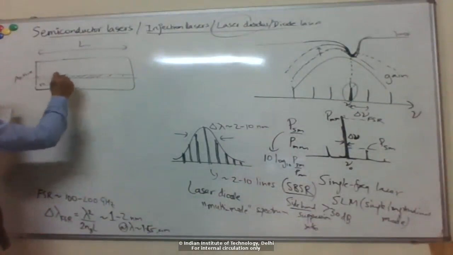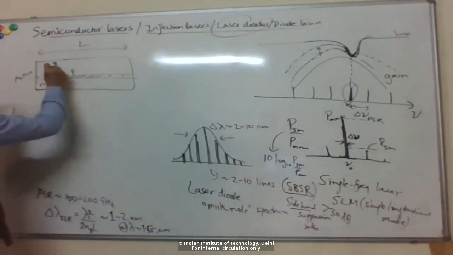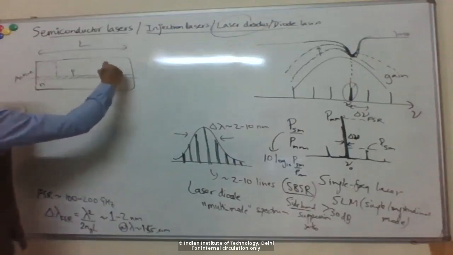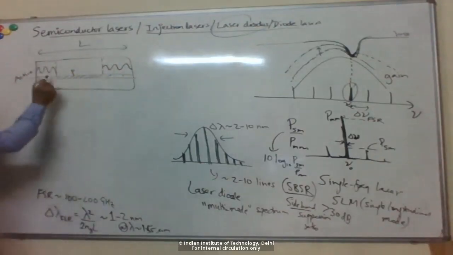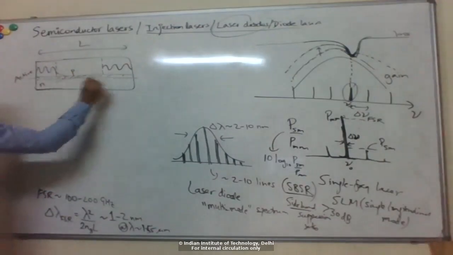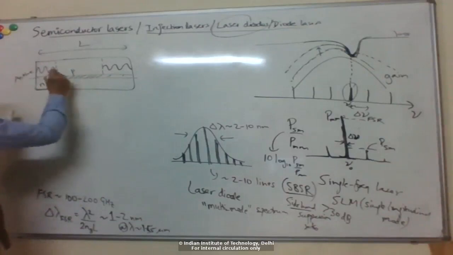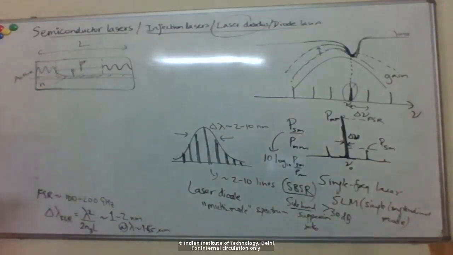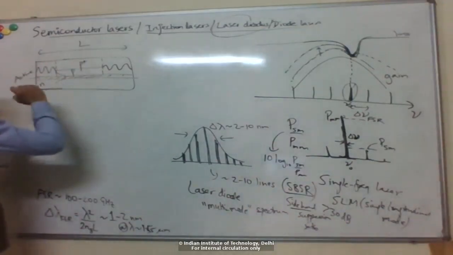And now let's say you have a P region. After some point, you have some sort of Bragg structure here, a periodic variation. If you imagine some mode propagating like this, let's say you have a region of some P plus, a different amount of doping here, so the refractive index will change slightly.